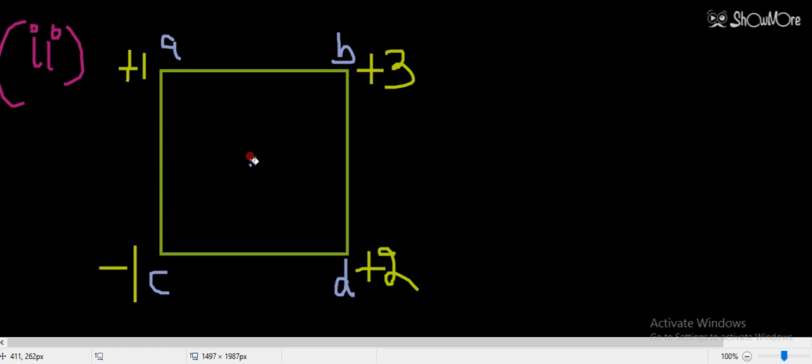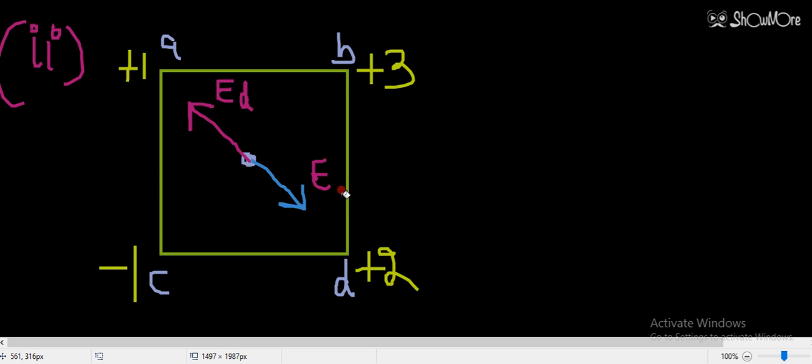At the center point, the electric field due to the charge placed at A will be along this direction, and the electric field due to charge plus 2 will be along this direction. Now you have to solve these two and find the resultant. The resultant will obviously be along the one with more magnitude, that of 2 coulomb. The magnitude of ED will be more than EA, because the distance is the same, so we consider the charges.